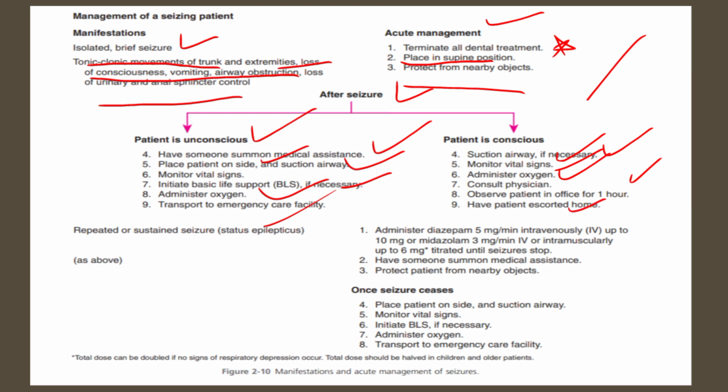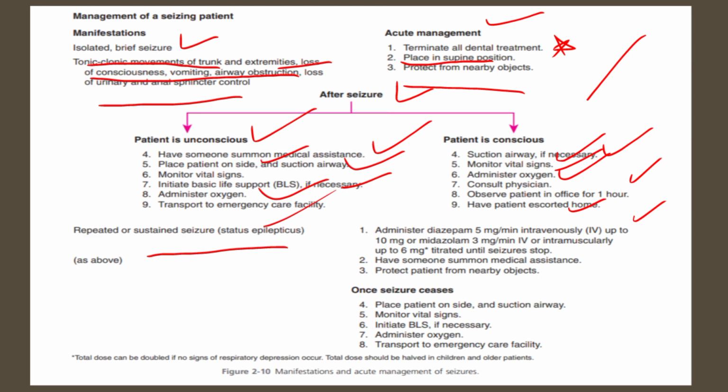Now, if the patient has sustained, continuous or repeated seizures, which we call status epilepticus, what will you do? You will give 5 milligrams per minute IV diazepam up to 10 milligrams.